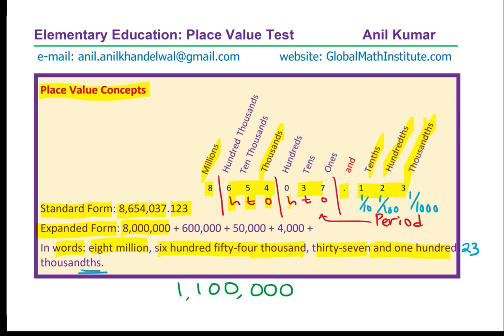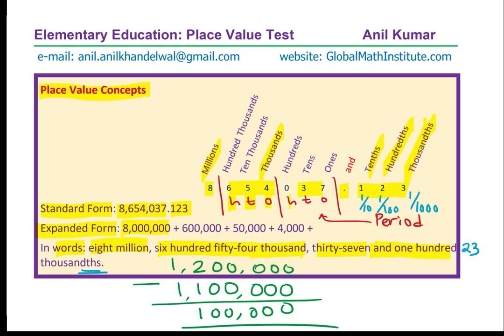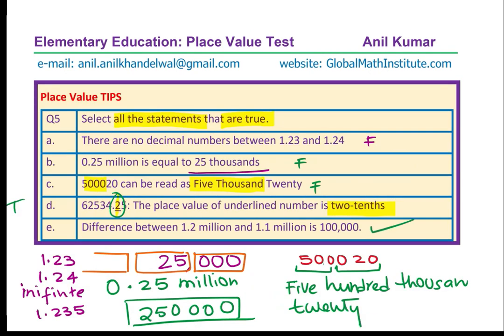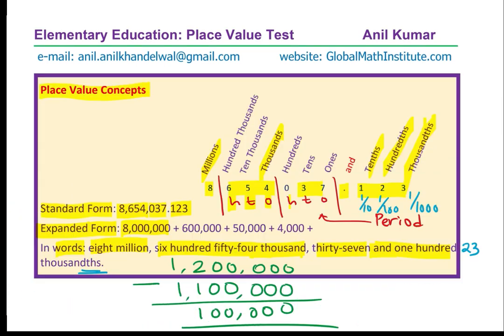And 1.2 will be, let me write above, 1.2. And if I want to find the difference, it will be what? 100,000. You get the idea? And therefore, you have the answer which is correct. So this is true. You see how a place value chart actually helps you to answer all such questions.